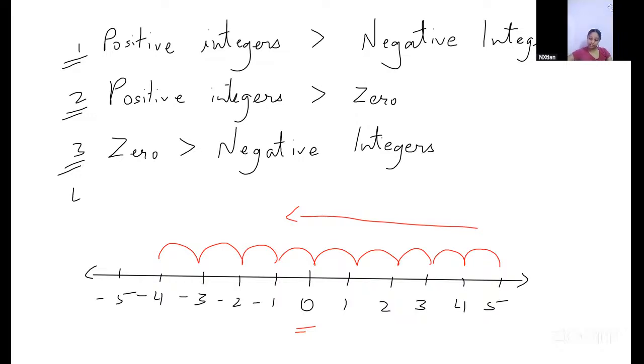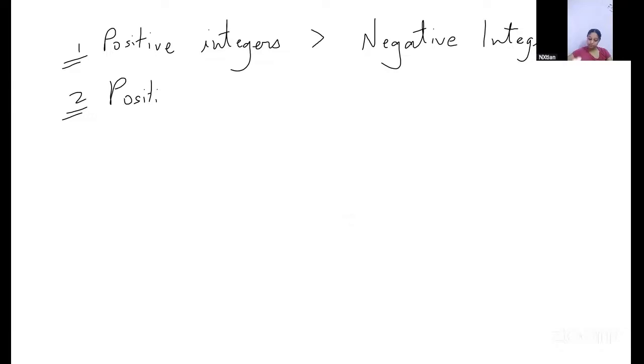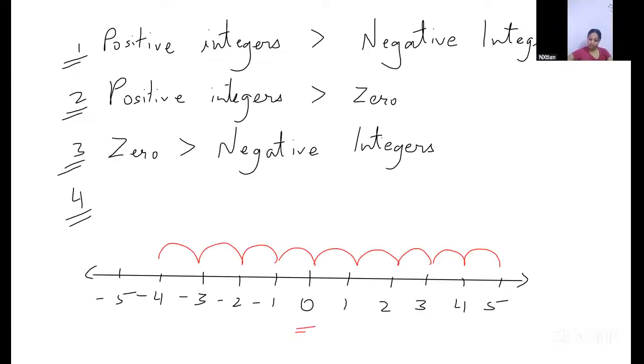That gives us the fourth rule: in the negative numbers, it happens opposite.